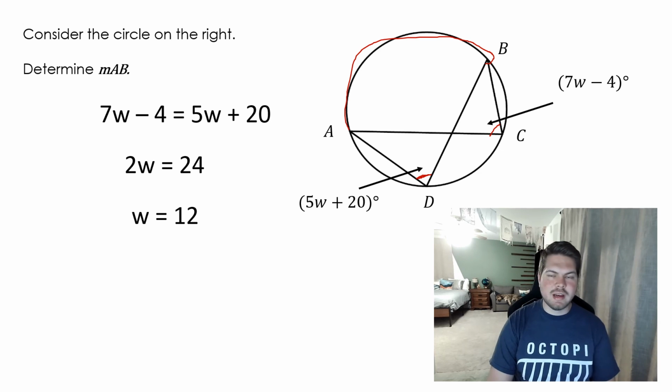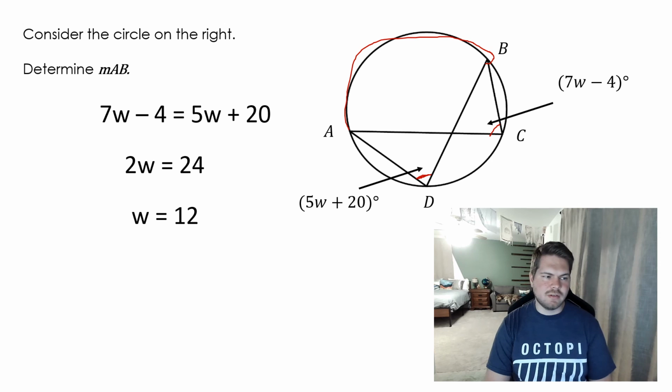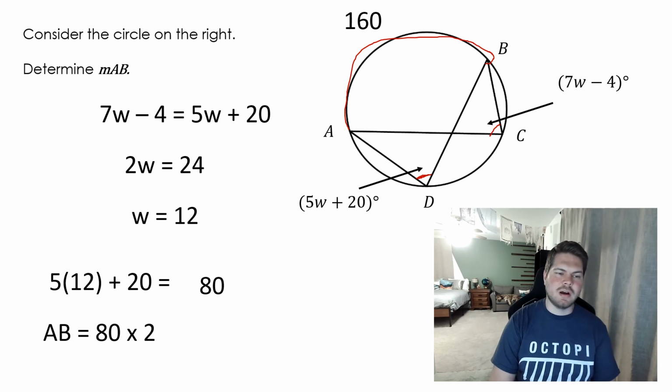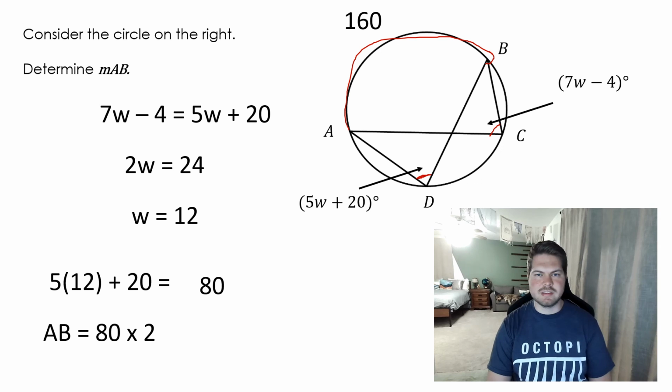We can plug that in to find the angle for either of these. So plug in 12 and we get 80. Well, now that we know that angle, we can find the arc length that's across from them by doubling 80. And so we get that the arc length is 160 degrees.